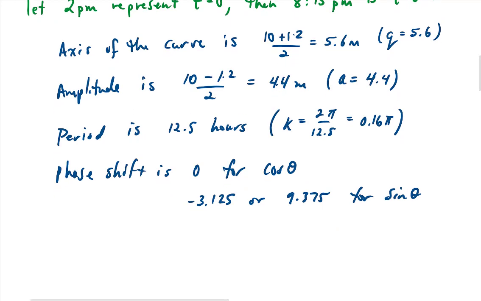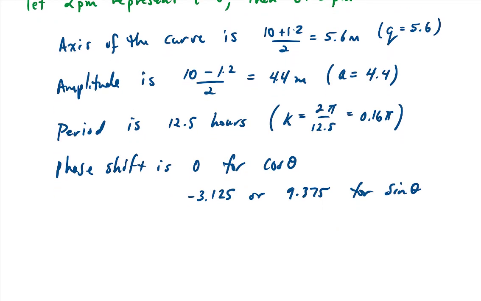So now let's determine our equations. First, let's start with our cosine equation. The height of the water in terms of time would be 4.4 cosine 0.16 pi, that's our k value, times t, plus the axis of the curve, which is 5.6.